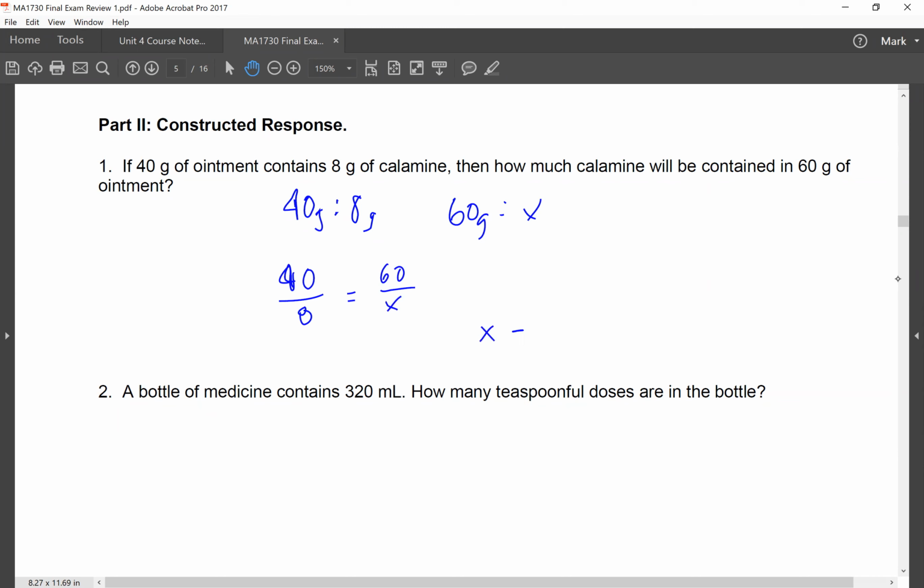And I can cross multiply. I'm not writing very neat here, but it's still pretty straightforward.